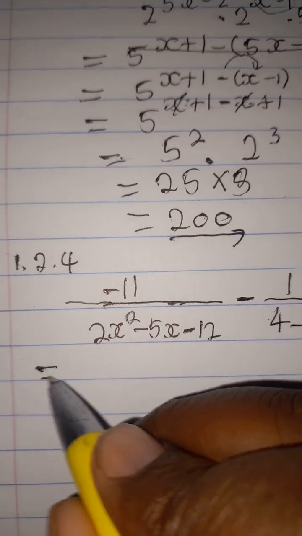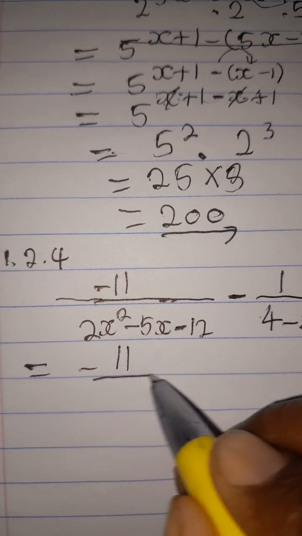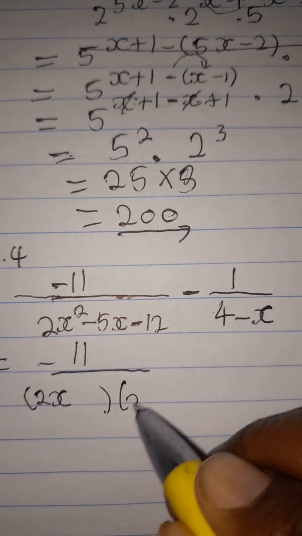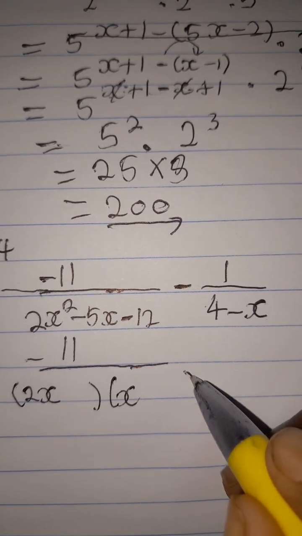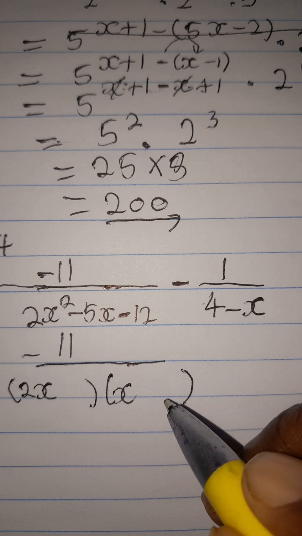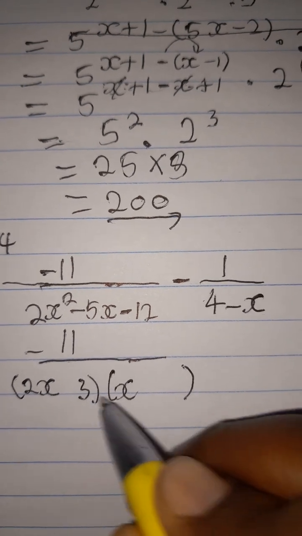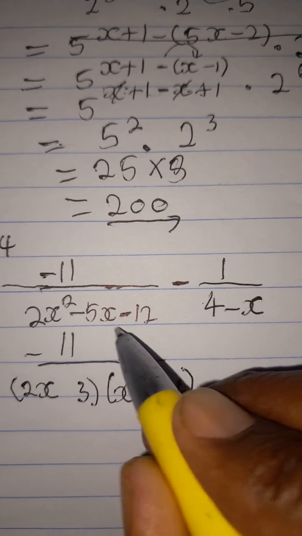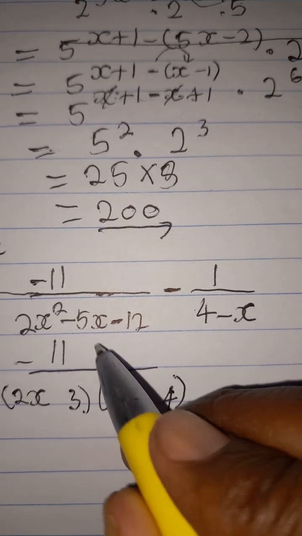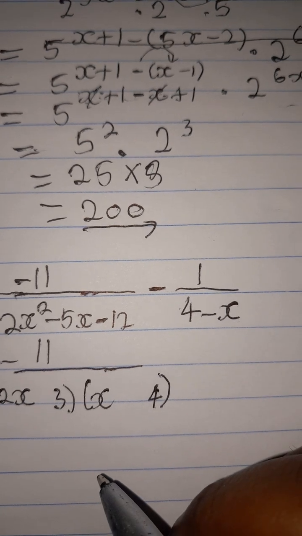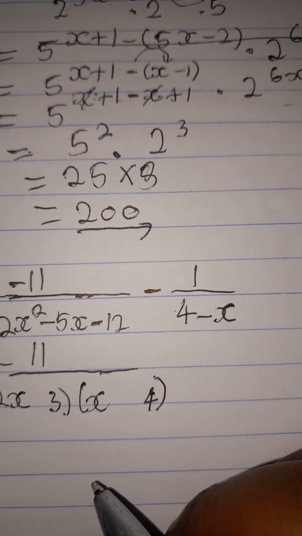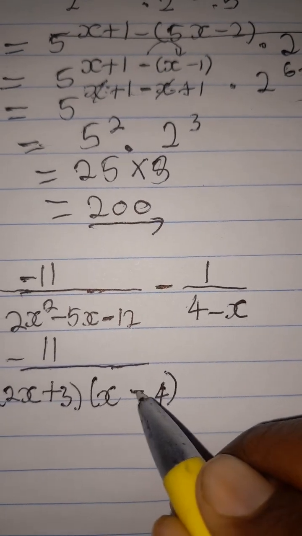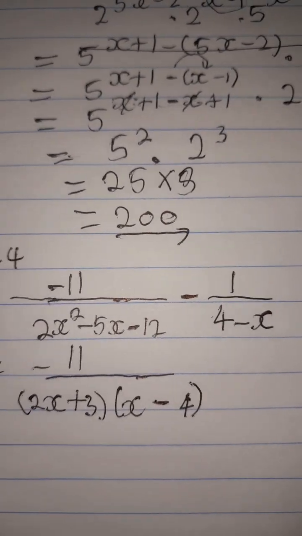So what we are going to do, we're going to say negative 11, factors of 2x squared, it's 2x as well as x. Right, okay, so what are the factors of 12? Definitely that's 3 and 4. So what about the signs? Since our last term is negative, we'll have different signs, guys. This will be positive and this will be negative. So we're going to have negative 4.